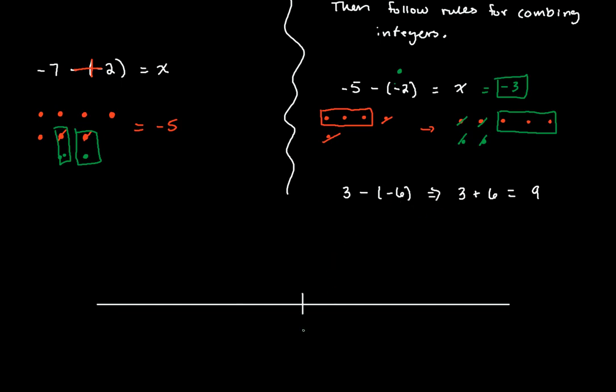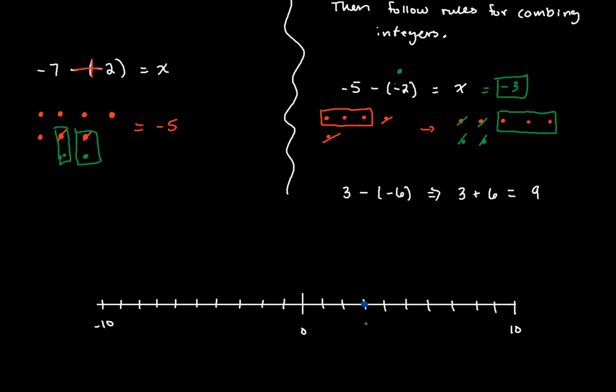I've got 0 in the middle, and we've got 1, 2, 3, 4, 5, 6, 7, 8, 9, 10, and then 1, 2, 3, 4, 5, 6, 7, 8, 9, and 10. We'll make this -10, and we'll make this +10. And let's say that we plot this 3 here. Let's use a different color. We're going to start here at 3.